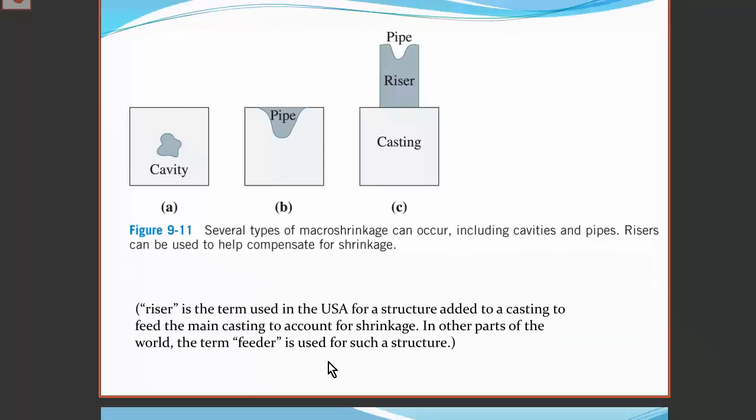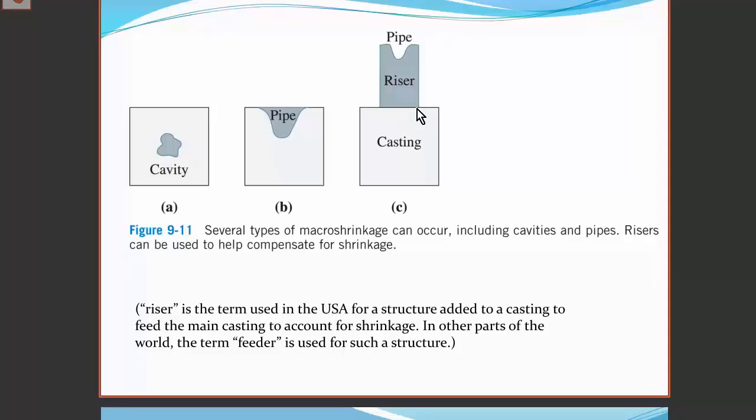In order to avoid the formation of internal or external cavities due to shrinkage, a riser or a feeder is attached to the casting in order to feed the casting while it is solidifying.